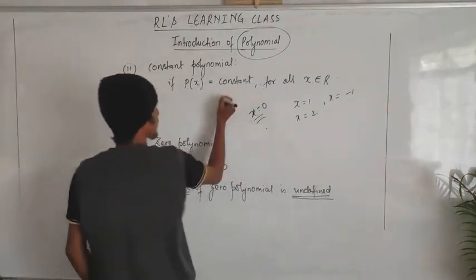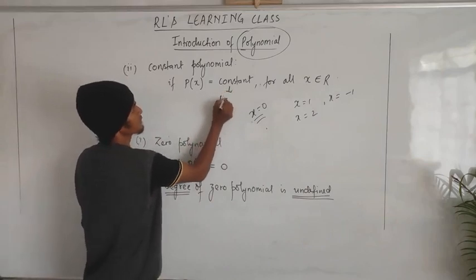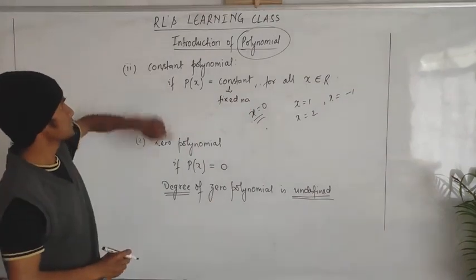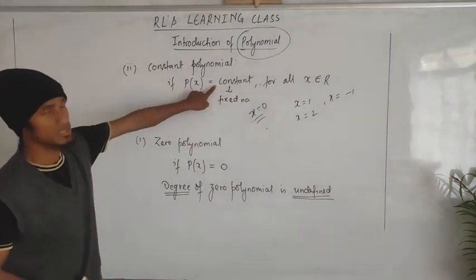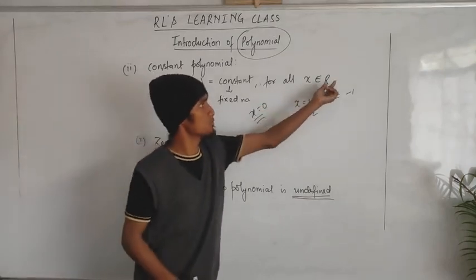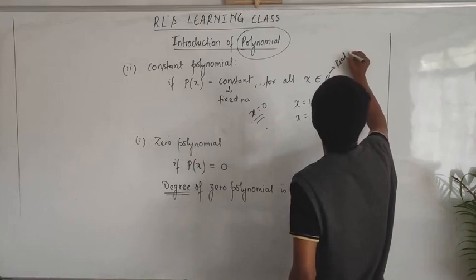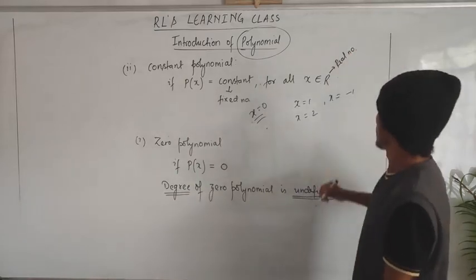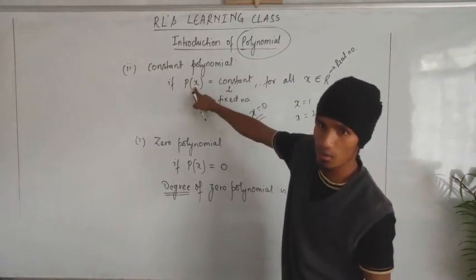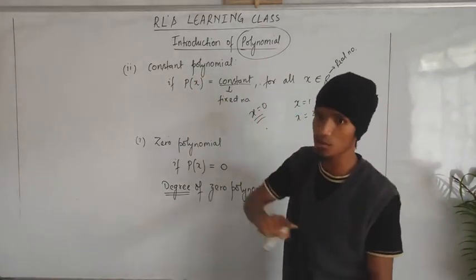Constant means, as in the last class, a fixed number. What's the constant polynomial? If p of x is equal to a constant for all x belonging to R, where R is the real numbers. Whatever value of x you put here, 0 or 1 or 2, whatever number, you'll get the constant. The value does not change.